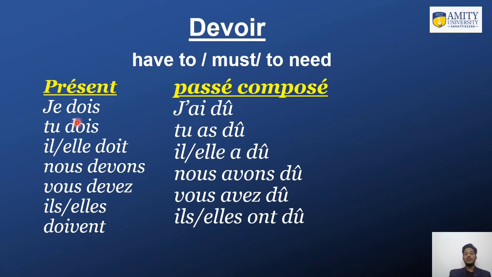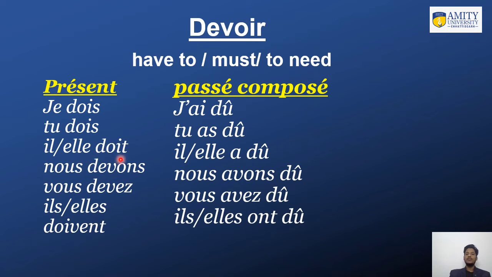Let's see the conjugation. Je dois, I have to, I must, I need to. Tu dois, you have to, you must. Il doit, elle doit: he has to, she has to, she must.